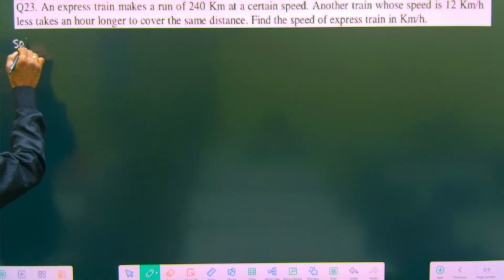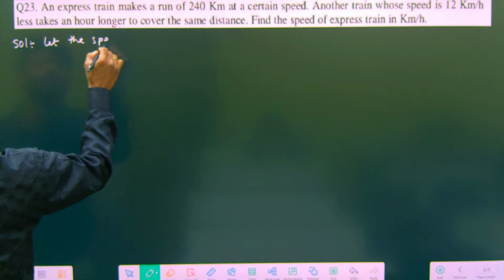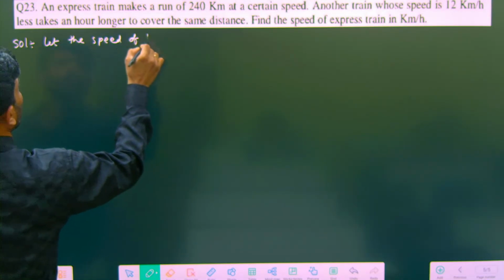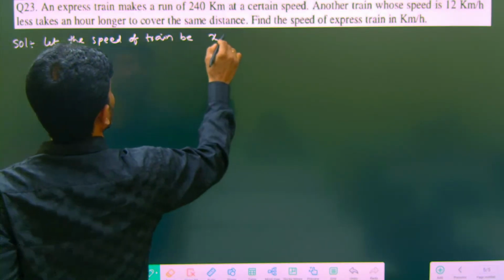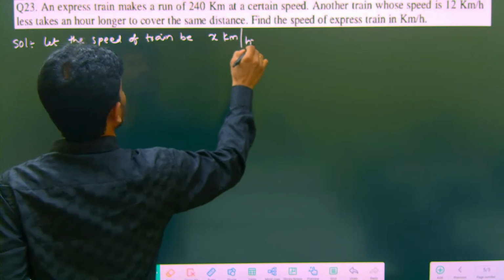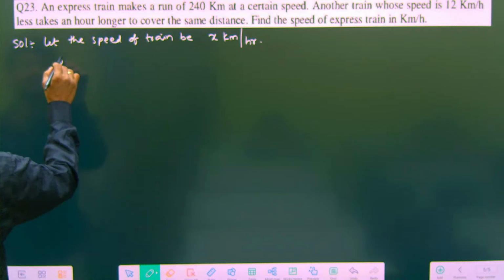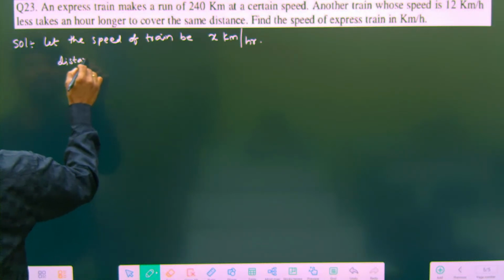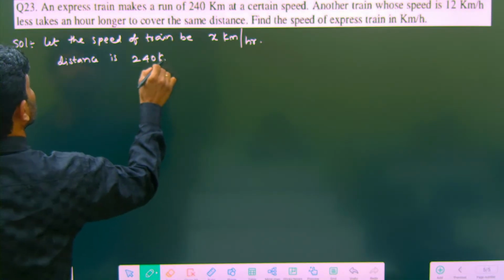So we will first let the speed of the train be x kilometers per hour. And distance is given, 240 kilometers.